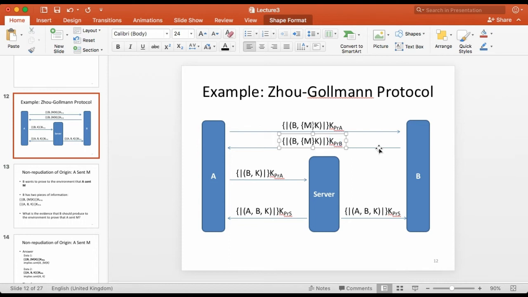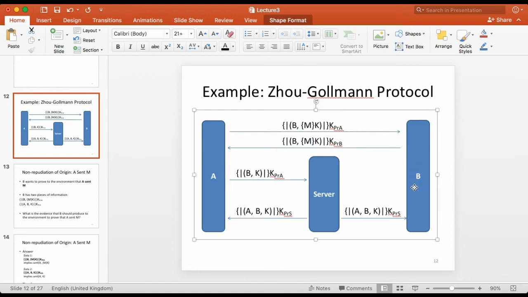And if the signature was constructed in a valid way, then it will be able to also extract the internal content and arrive at the conclusion that the whole message indeed came from none other than B themselves. Okay, so a couple of messages initially just so that A and B prove to each other that they're talking with each other, and there is some information that they've exchanged within that talk.